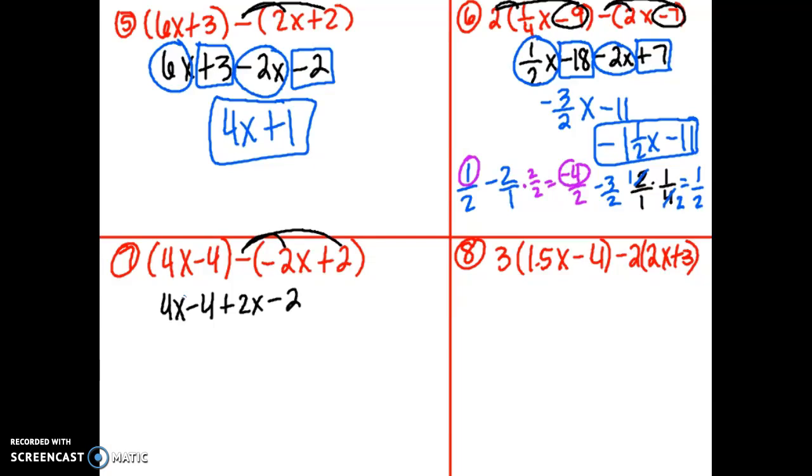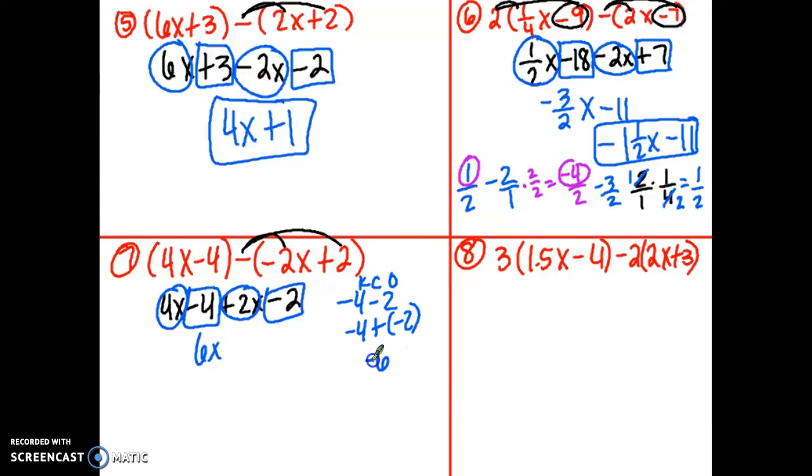Now I combine like terms. 4x plus 2x is 6x. Negative 4 minus 2. We use additive inverse to keep our first number. Change subtraction to addition. Take the opposite of the second number. My signs are the same, so I add and keep the sign. 6x minus 6.